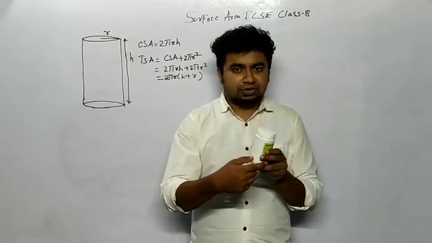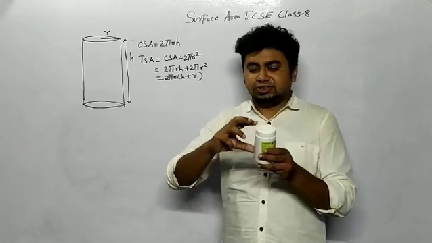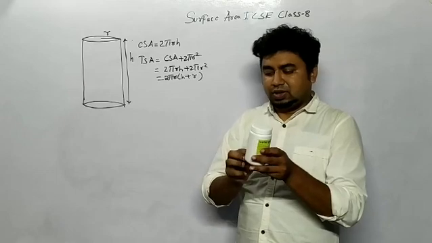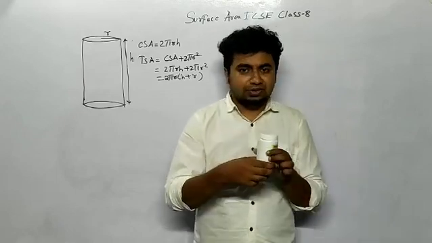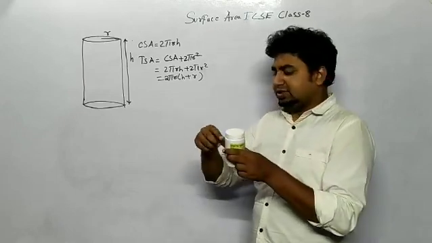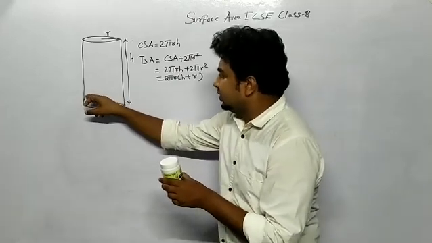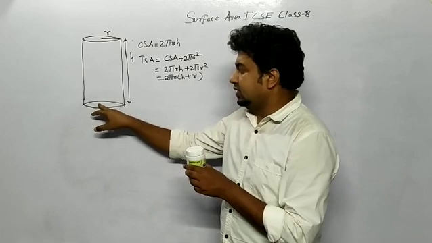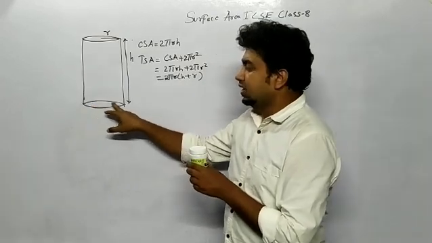One layer has circumference 2 pi r, and h layers are there, that's why it will be 2 pi r h. Suppose this is one circle; we can define its circumference as 2 pi r.